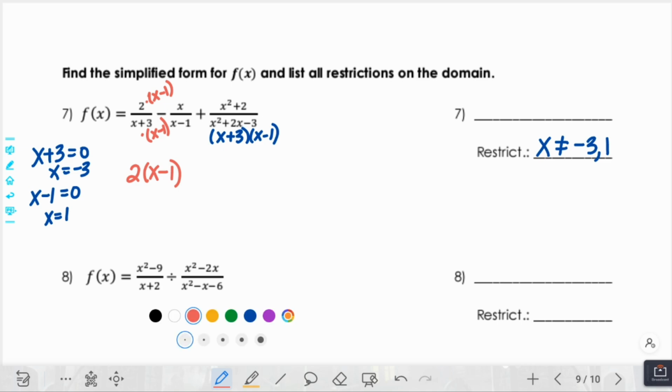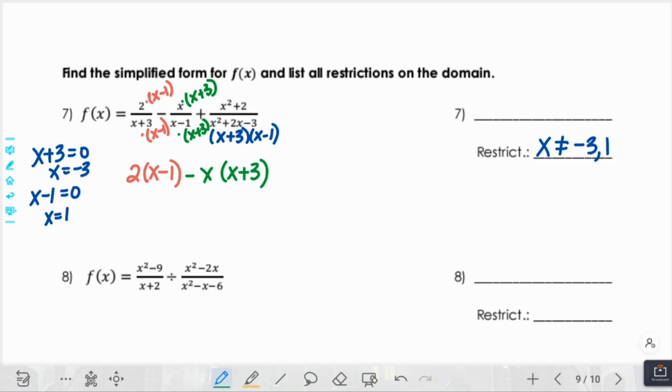Next, I'm going to multiply my second one by x plus 3 because it already has the x minus 1 part. So we multiply by x plus 3 over x plus 3. That's going to give me a minus x times x plus 3 because we have that subtraction sign in front of that fraction.